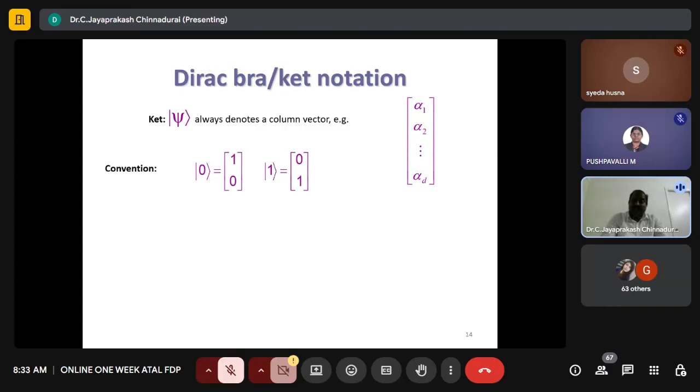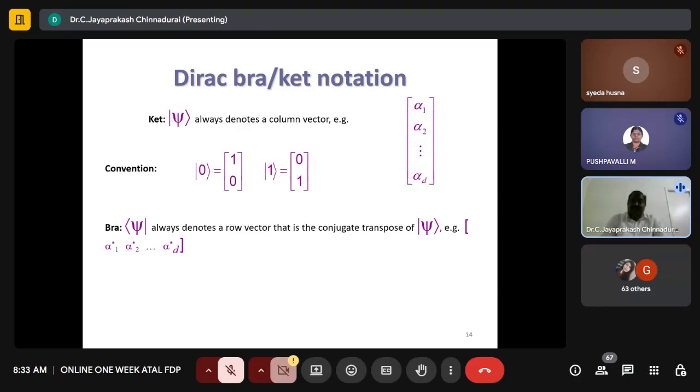Ket of 1 is represented in column format as 0, 1. Likewise, if you go for bra, there is a bracket only. Actually, I'll show it in the next slide. The bracket can be taken like this. Bra of psi always denotes a row vector. So all the row vectors we can represent as bra of psi. It always denotes a row vector that is the conjugate transpose of ket psi. For example, we can get it in row format.